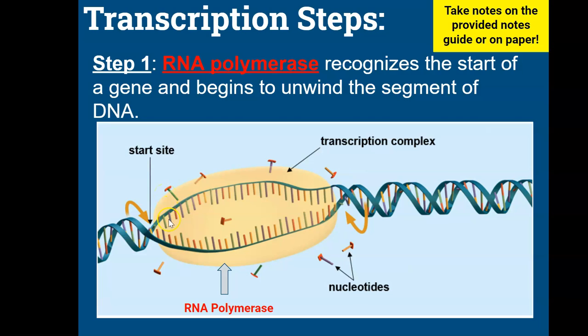It recognizes the start of a gene. Let's say I need to make a new fingernail, and I need to open up the gene that's going to make the protein that's going to help build my fingernails, for example. Let's say that gene is right here, and that's the starting point. So the RNA polymerase recognizes the start of that gene, and it starts to unwind that segment of DNA.